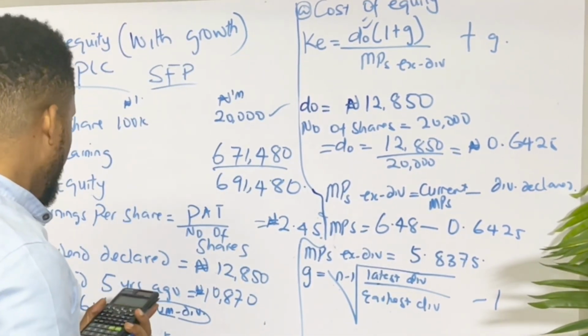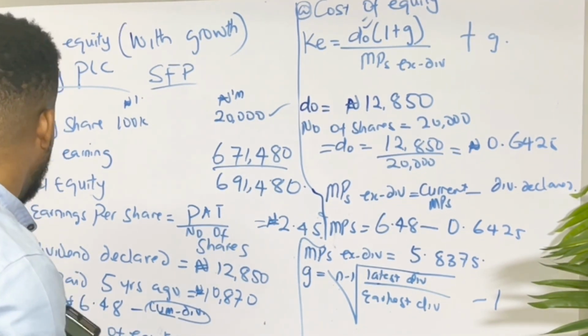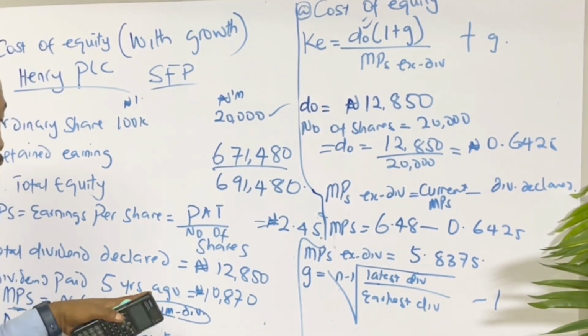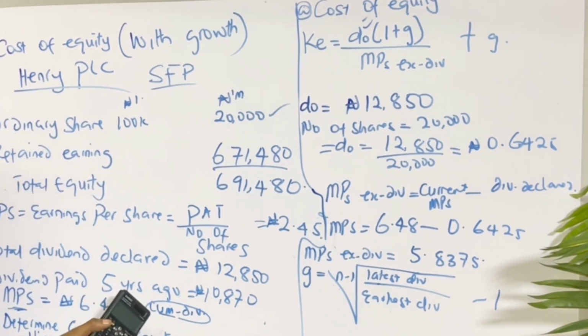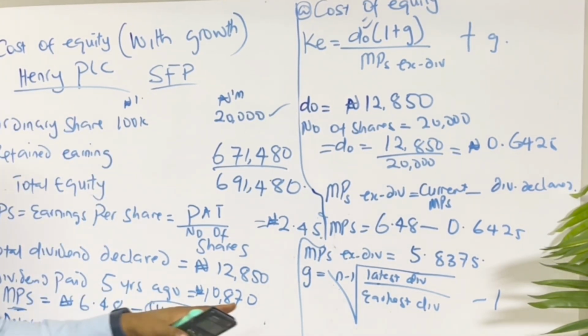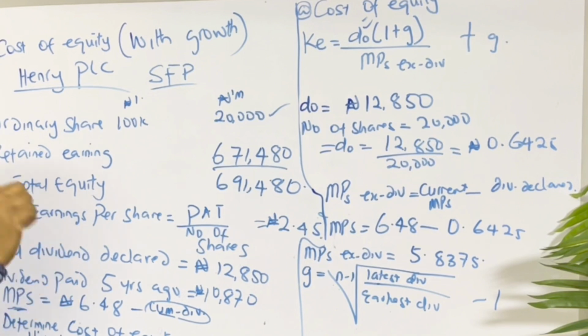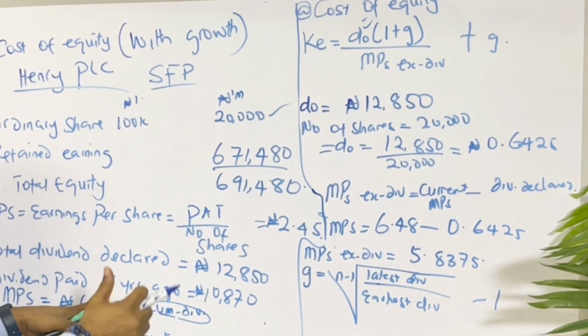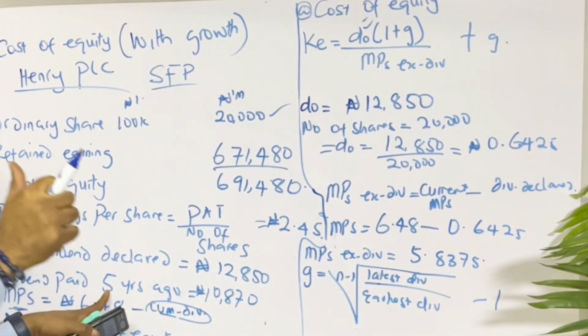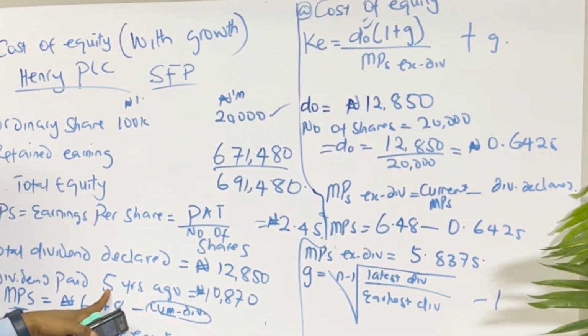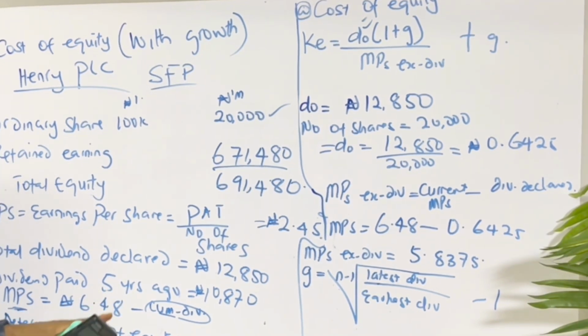Anytime the examiner says that dividend was paid 5 years ago, 2 years ago, 3 years ago, if you are using this method, all you need to do is to add 1 to it. Since they told us it's 5 years ago, the observation becomes 6. If you are told it's 7 years ago, observation will become 8. If you are told 2 years ago, observation will become 3. Please take note of that.